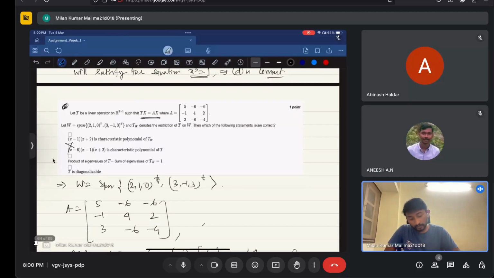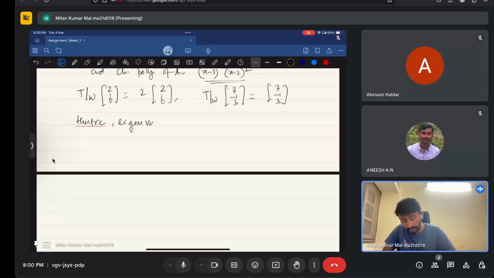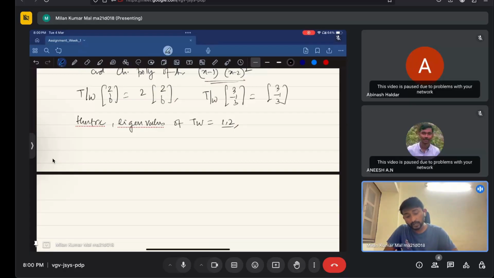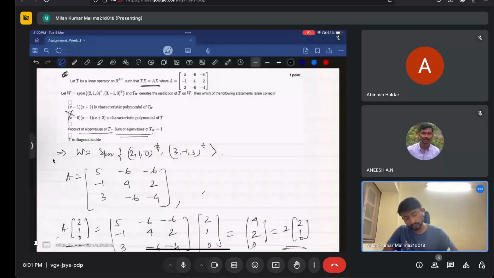Sum of the eigenvalues of T_W. So the eigenvalues of T_W are 1 and 2, and so here it says the product of the eigenvalues of T minus the sum of the eigenvalues of T_W: product of the eigenvalues of T is 1 cross 2 cross 2, minus the sum of the eigenvalues 1 plus 2, that is 4 minus 3. So this is correct.